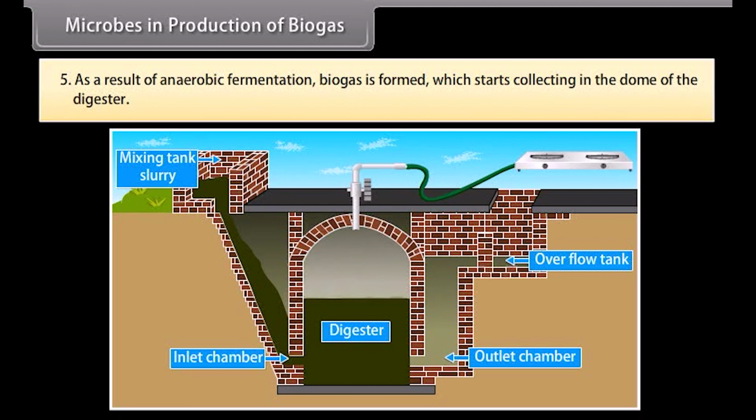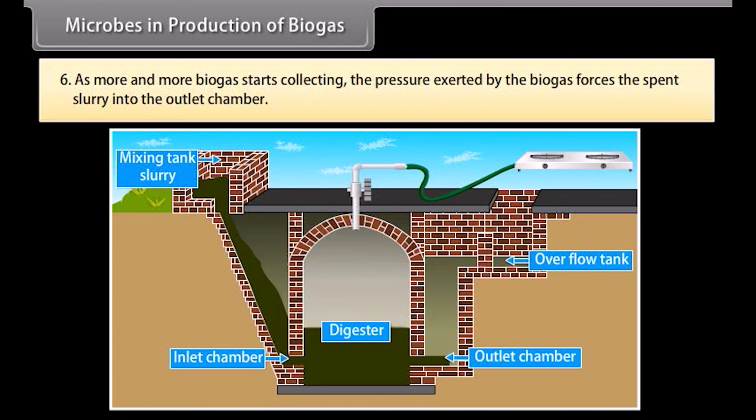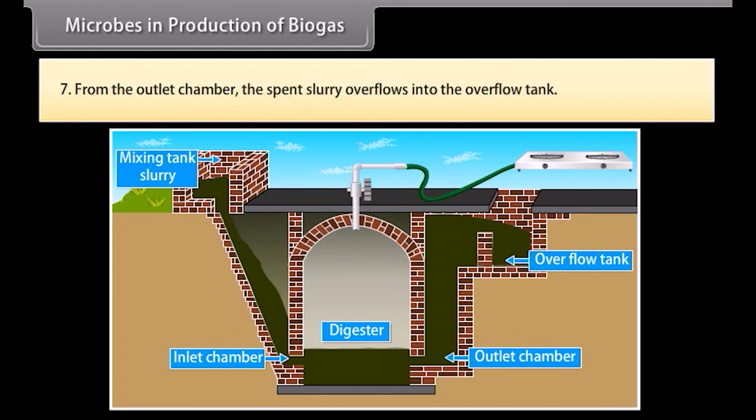Number 5. As a result of anaerobic fermentation, biogas is formed, which starts collecting in the dome of the digester. Number 6. As more and more biogas starts collecting, the pressure exerted by the biogas forces the spent slurry into the outlet chamber. Number 7.